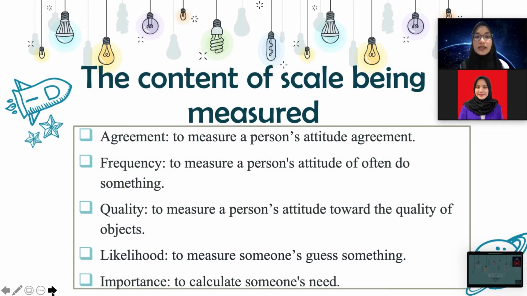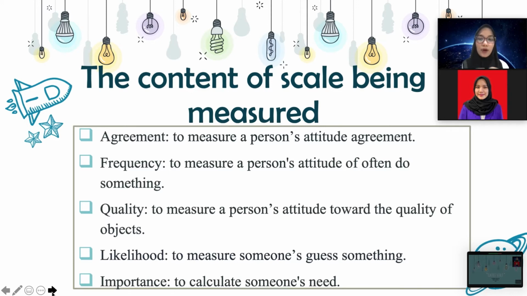And the next is the content of scale being measured. There are 5. The first is agreement, to measure a person's attitude of agreement, and it usually uses the scale from strongly agree to strongly disagree. And the second is frequency, to measure how often a person does something, and it usually uses the scale from often to never.